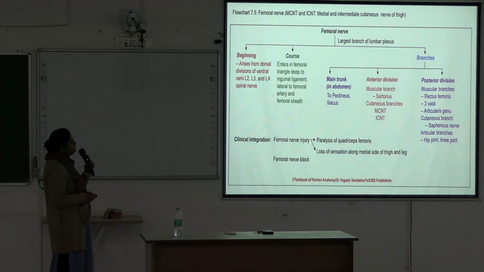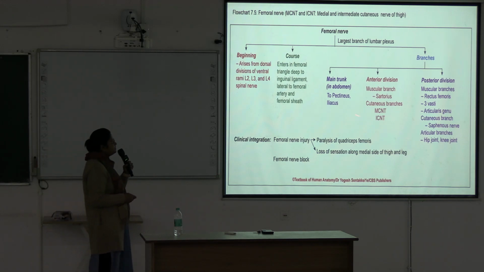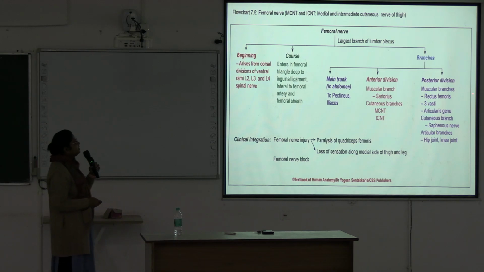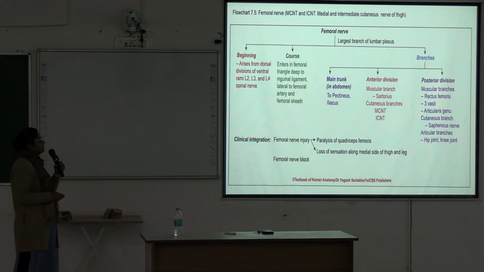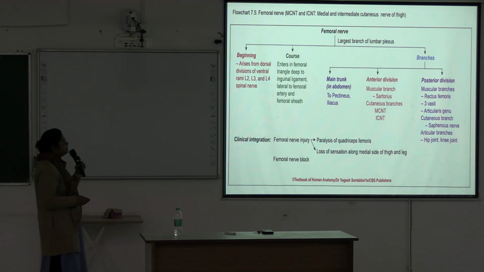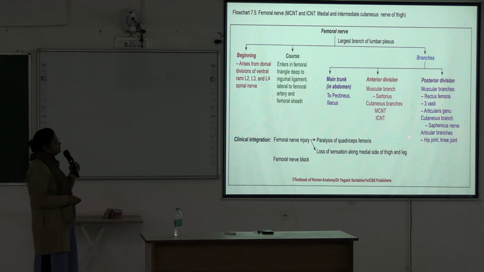Main trunk in abdomen gives branches to pectineus and iliacus; anterior division gives a muscular branch to sartorius, cutaneous branches to medial cutaneous nerve of thigh and intermediate cutaneous nerve of thigh. Posterior division gives muscular branches to rectus femoris, three vasti, articularis genu; cutaneous branch is the saphenous nerve; articular branches to hip and knee joint. And femoral nerve is the largest branch of the lumbar plexus.